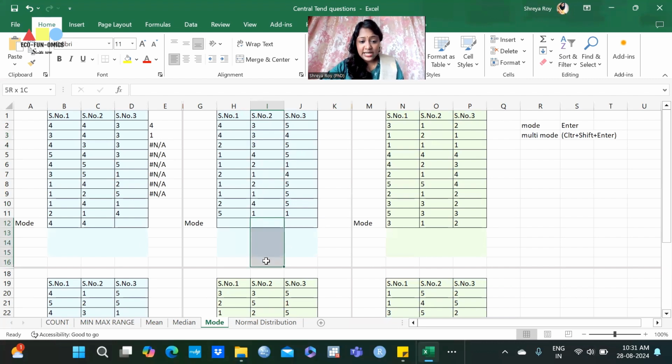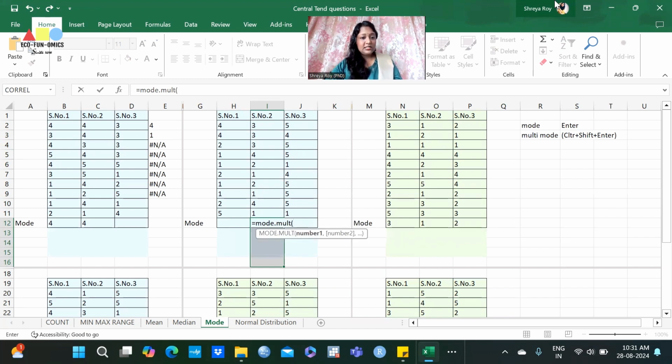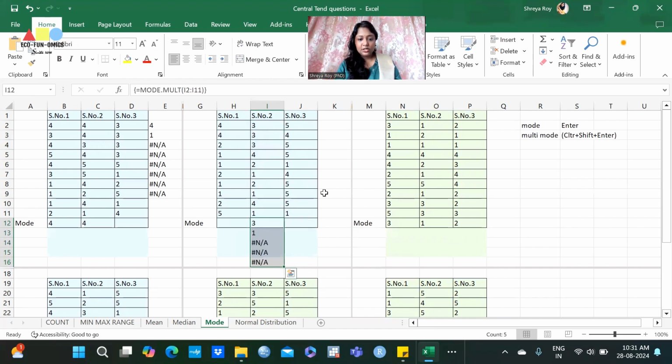Okay, so select a lot of cells, is equal to MODE.MULT, open bracket, select all your cells, close bracket, Control Shift Enter. So 3 and 1 has been reported.